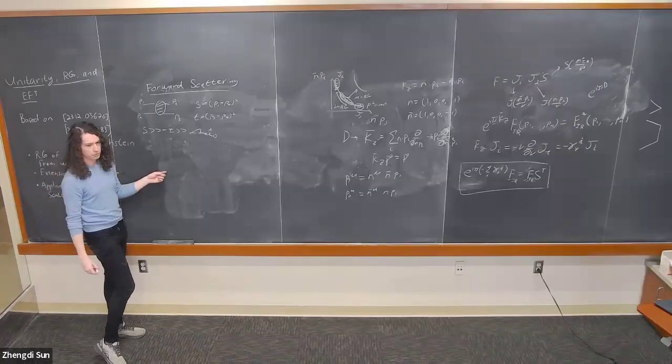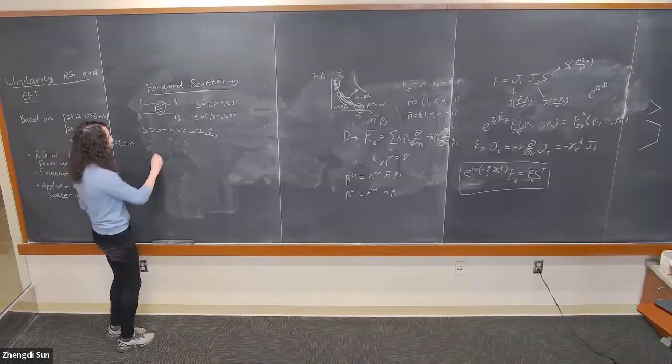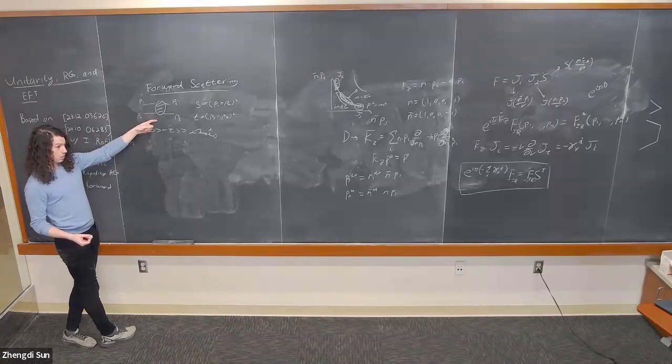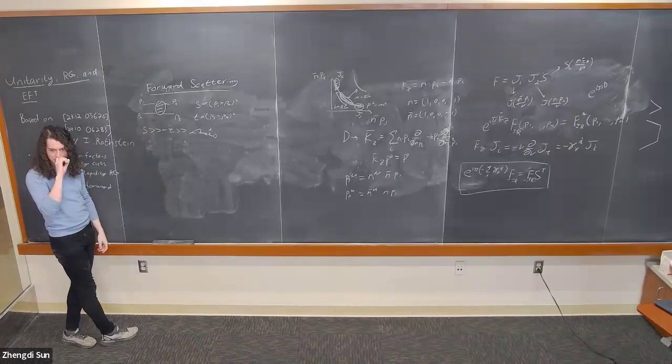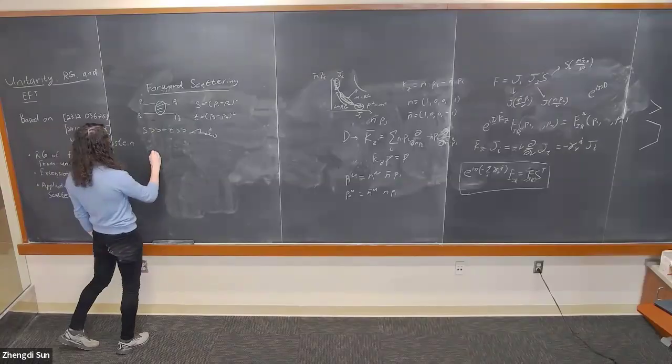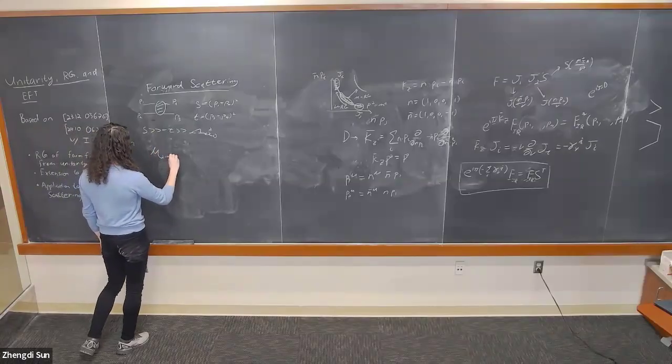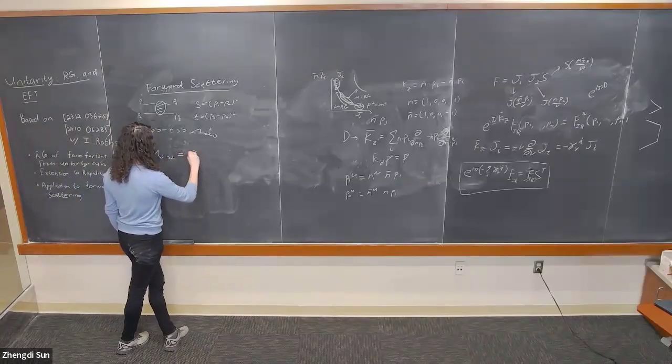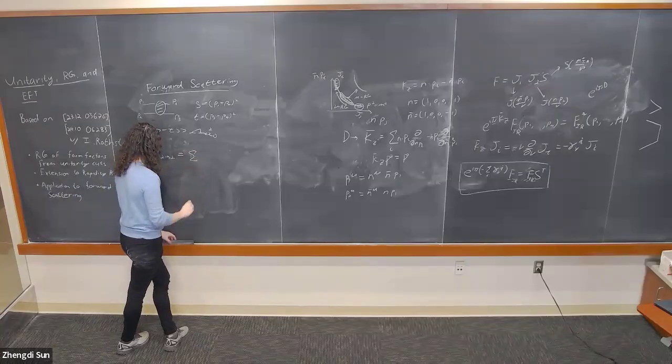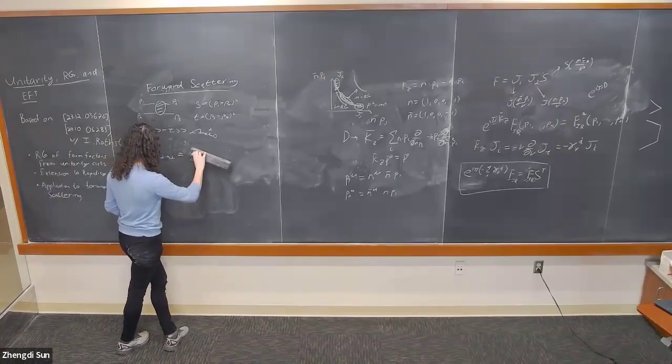So in this soft collinear factorization, you can write down a somewhat more complicated factorization theorem for the forward amplitude.